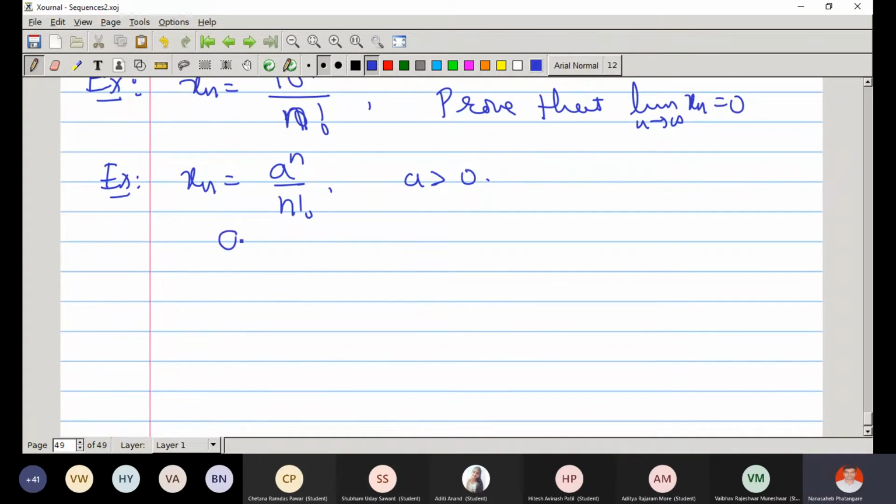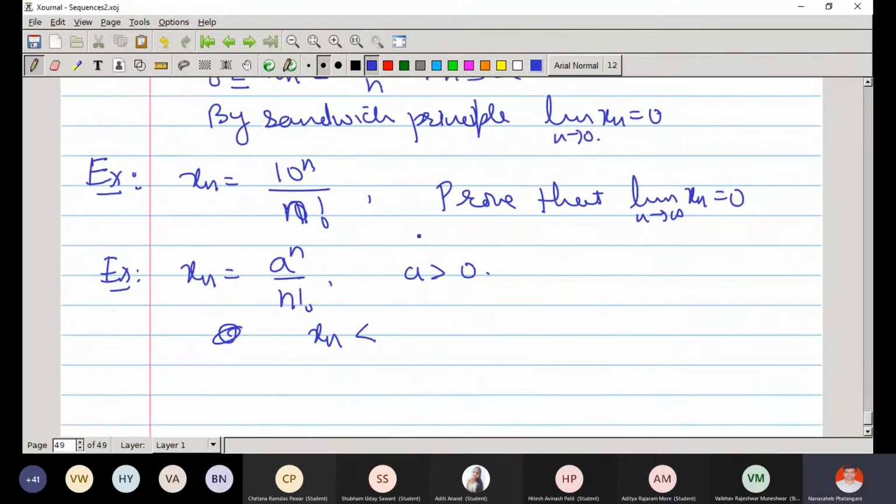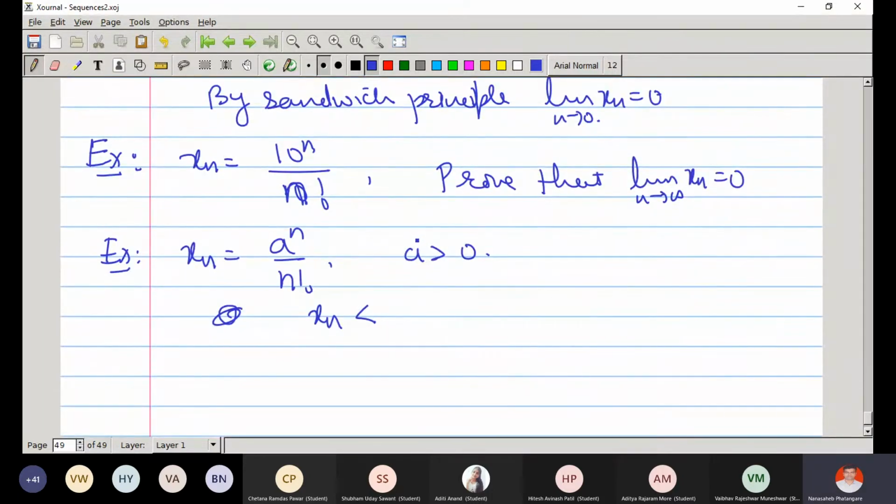So what is the crux here? xn is less than what? A square by n? No, because a can be 2, 3, whatever it may be.